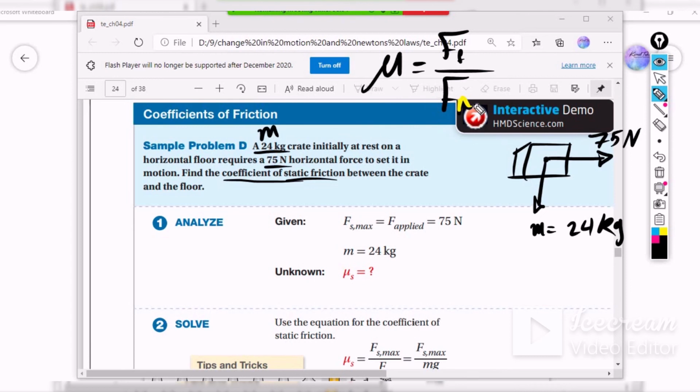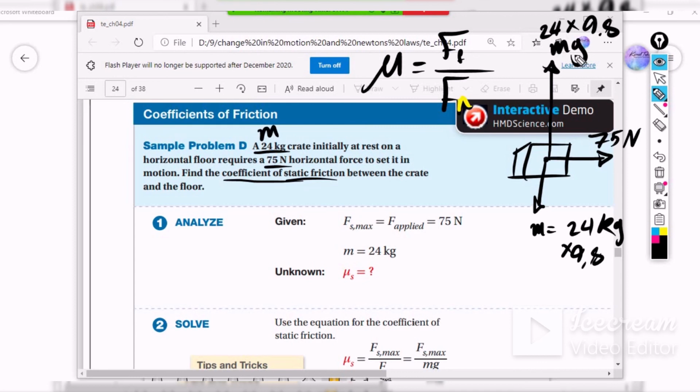The normal force is the same as the weight. If he gives you the weight, it means he gives you the normal force. If he gives you just the mass, what will you do? You will multiply by 9.8 to find the weight, and the normal force will be the same, mg, or 24 times 9.8.